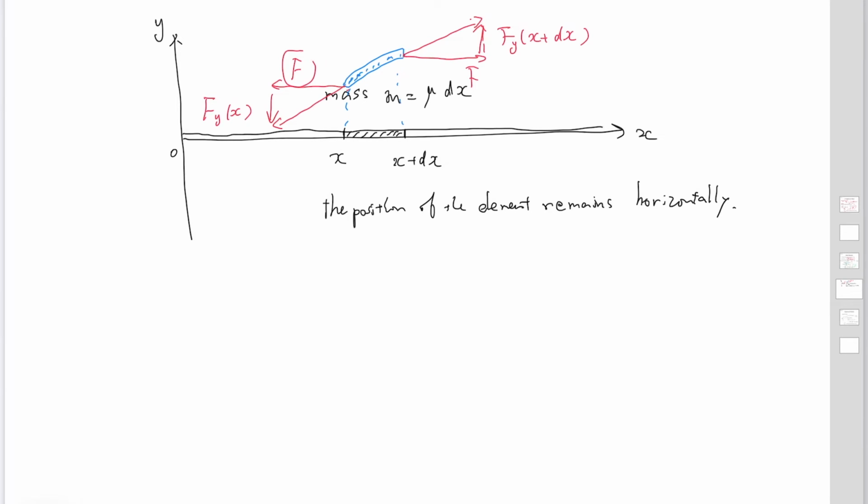These two F have an equal amount of force acting on this element, because this element doesn't move in the horizontal direction.